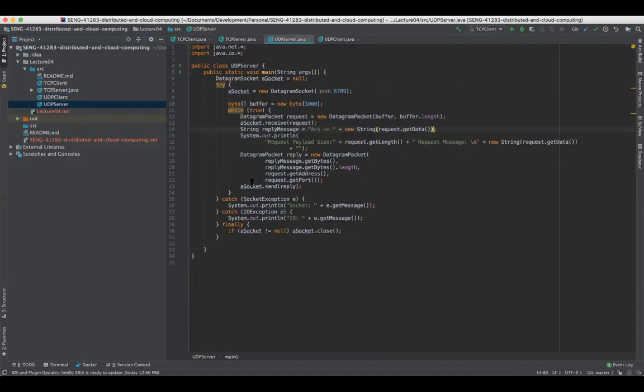In the server implementation, again it basically creates a datagram, referring to a buffer. So this is the queue. We create a buffer, and we create a datagram based on the buffer size.